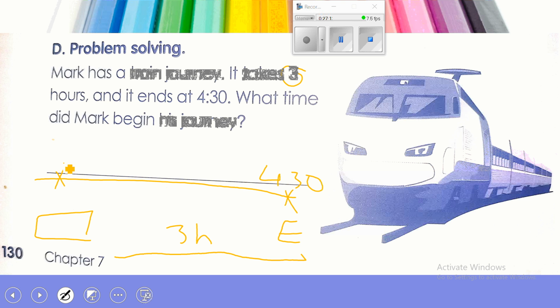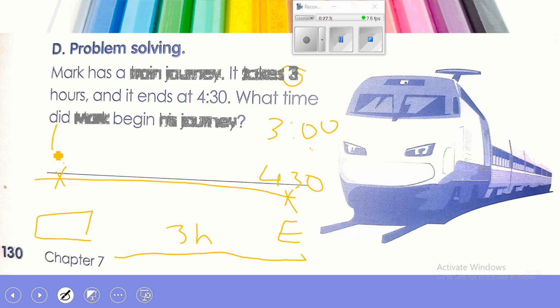So to know that, I have to go back 3 hours. I don't say 3 in minutes. I just want to go back 3 hours. So I have to go back from 4. What's before 4? 3 hours. Before 4? Yes, 3, 2, 1.